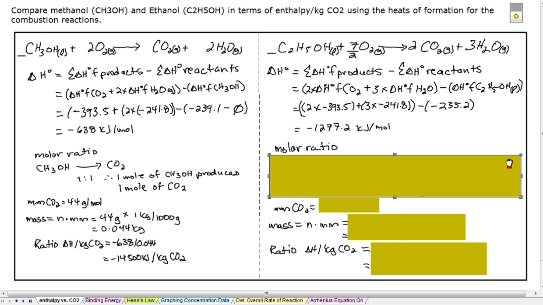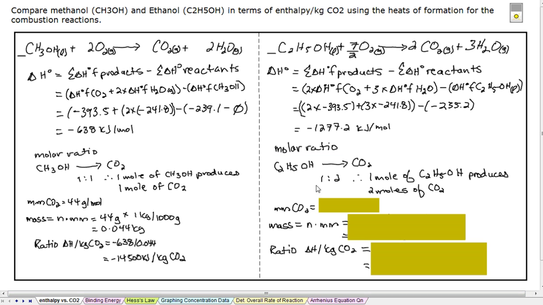Now we're going to go back and look at what happened with ethanol. Again, I do the same thing. I look at my ratio of ethanol to CO2. Now it's a 1-to-2 ratio. So 1 mole of ethanol produces 2 moles of CO2. My molar mass of CO2 hasn't changed. That's 44 grams per mole. So now I need to figure out my mass of CO2.